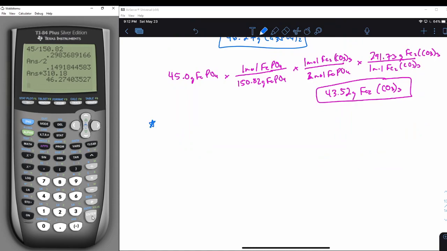Again, the excess reactant one, I'm going to solve it even though you don't need to know how to do it, so you can skip this. But for some of you that are really curious and that want to know how to solve it, you would take the same thing. You take your limiting reactant FePO4, you'd convert it to moles.